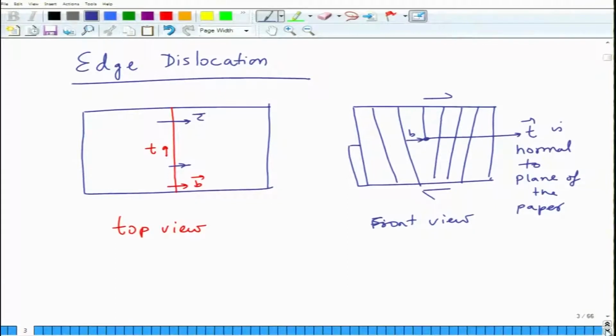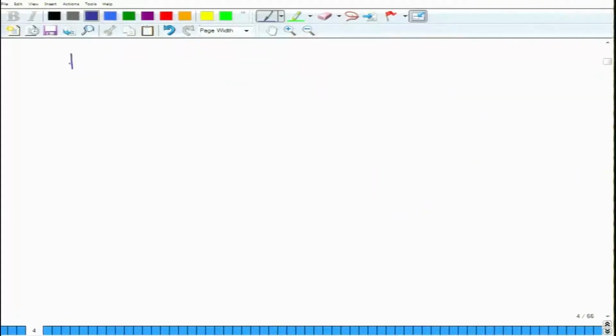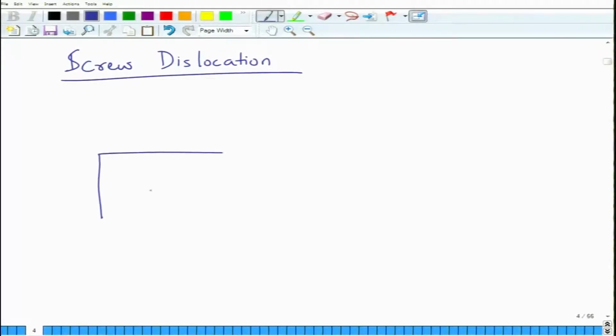So this was edge dislocation, and then we looked at screw dislocation, which was basically, this was one part of the crystal and the second part of the crystal was slightly sheared with respect to it, sort of sheared in this fashion.